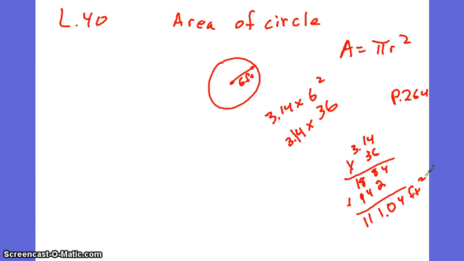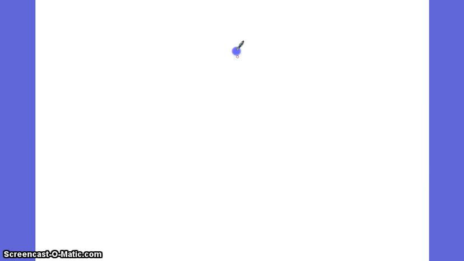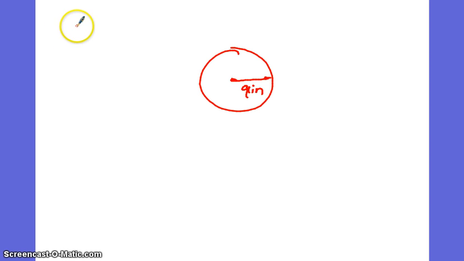Now, sometimes you might be told to do something like this. Here's a circle. Its radius is 9 inches. And you need to find the circumference and area of the circle. But it's going to say leave pi as pi. So that means we're not going to change pi at all.